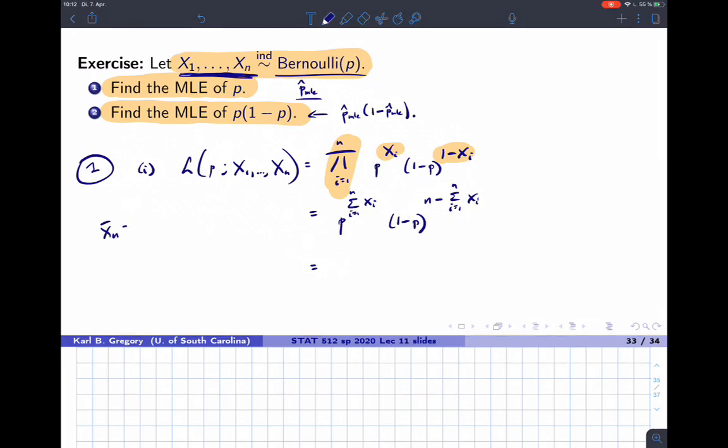Remember how we get the sample mean as the sum of the xi's divided by n? Rearranging this, we can write the sum of the xi's as n times the sample mean. I think this is nicer sometimes rather than writing the sum of the xi's all the time, to just write n times the sample mean.